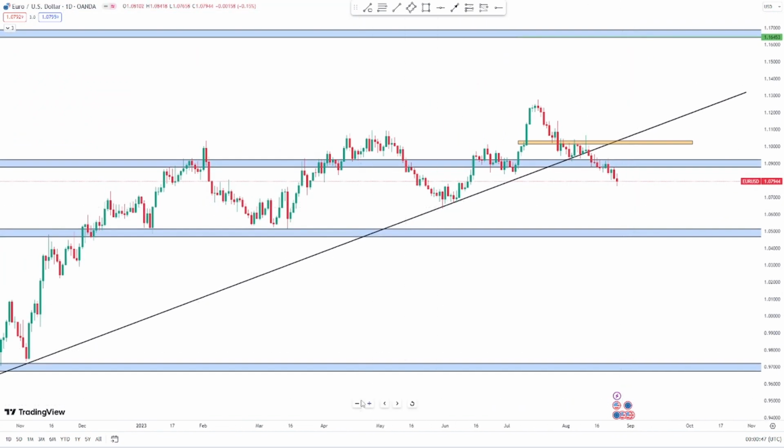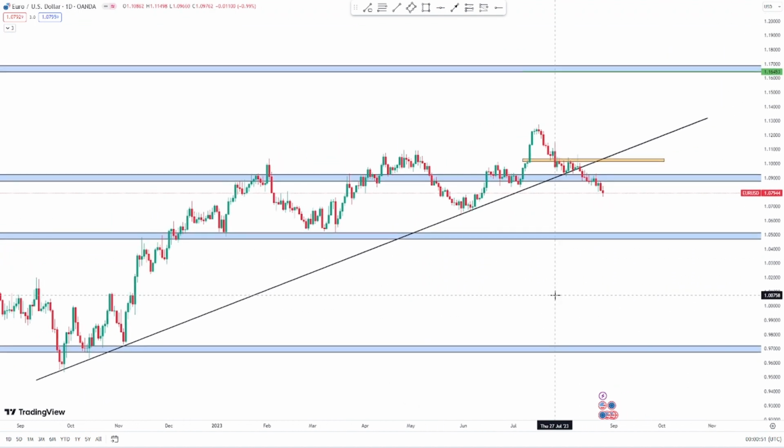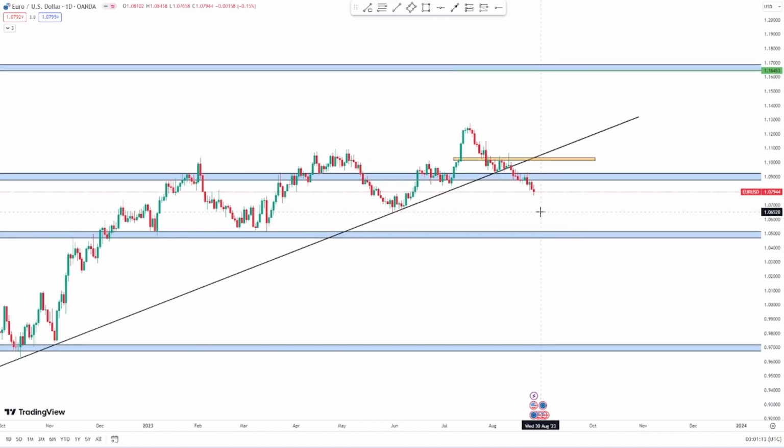But if that doesn't happen, then I have to watch the market closely. And this is what I'm looking for: a break above this region and a pullback into this region, we'll buy this market.